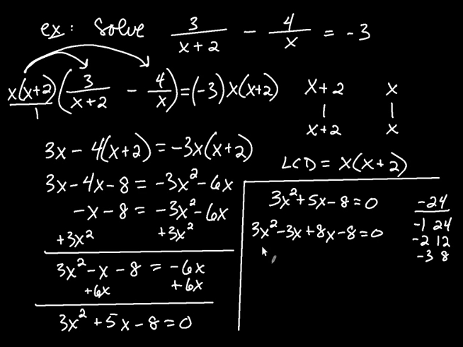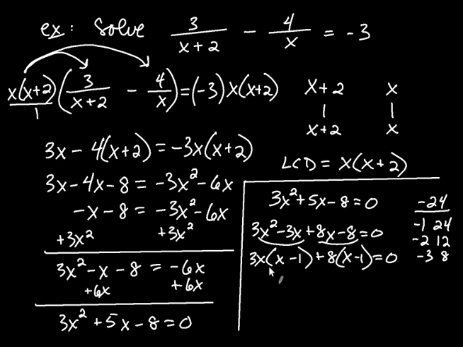So now we're going to factor by grouping. So it's going to be the first two, right? We group. It's going to be 3x times x minus 1 plus, and then you group the next two. So 8 times x minus 1 equals 0.